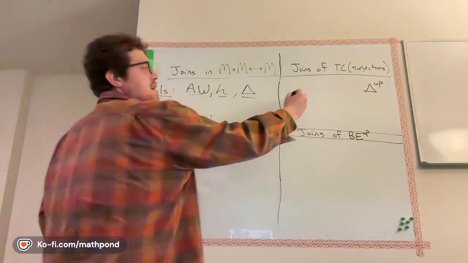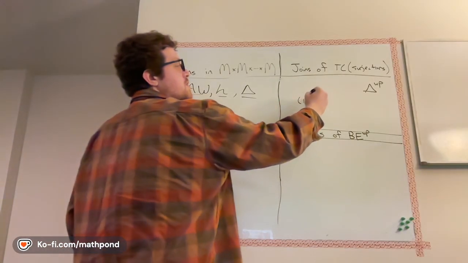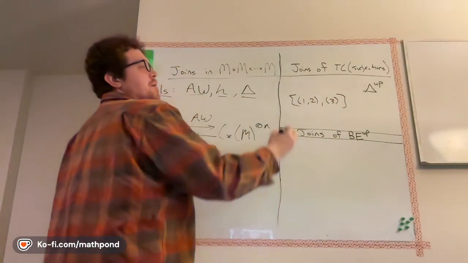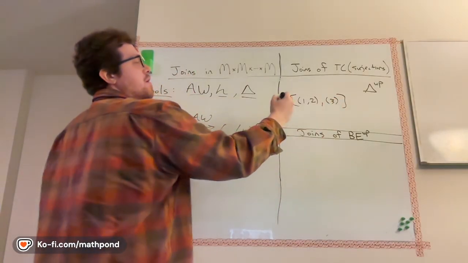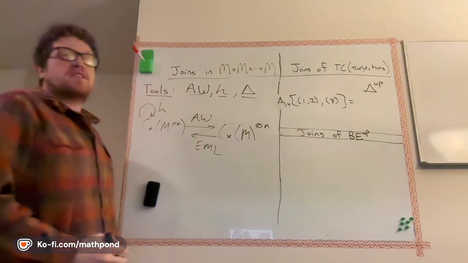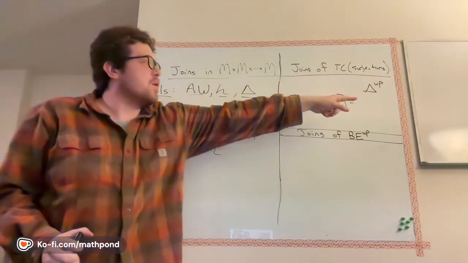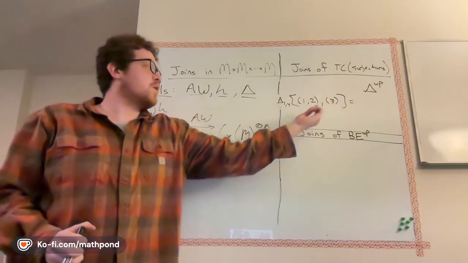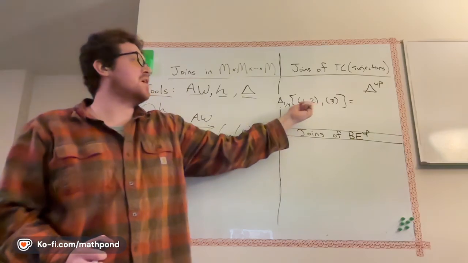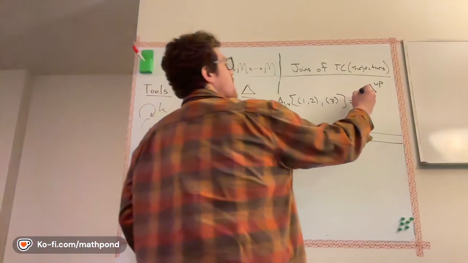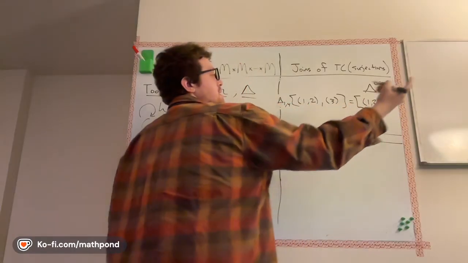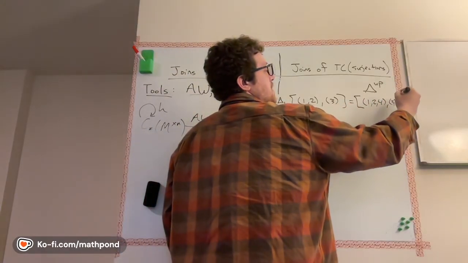If I take an upgraded BE element such as 1, 2, comma 3, and I apply delta 1, 4 to this, that means I'm copying the 1 position to the 4. So I'm creating a 4th element and adding it to the partition that includes 1. So 1, 2 becomes 1, 2, 4. And then 3 just stays the same because that one wasn't affected by the delta.